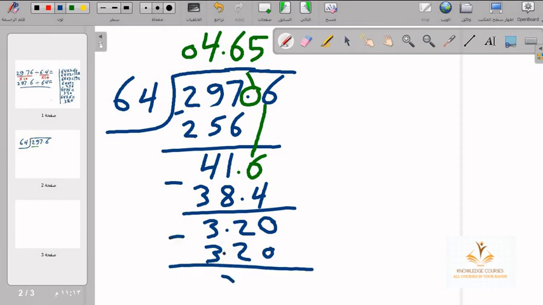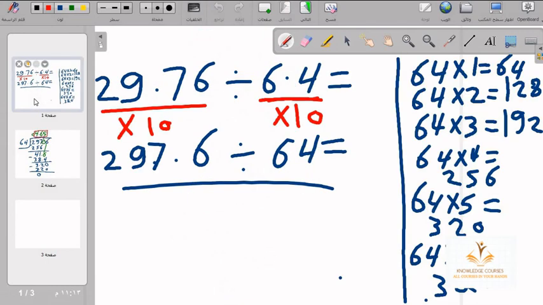We subtract that, it is equal to 0. So the result is 4.65. We can write the result as 4.65. This is the result.